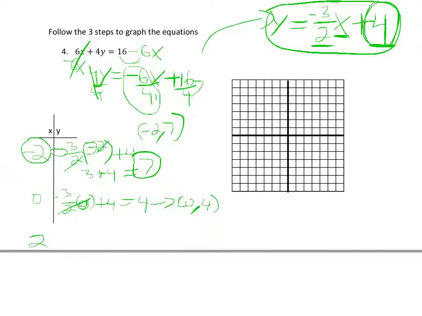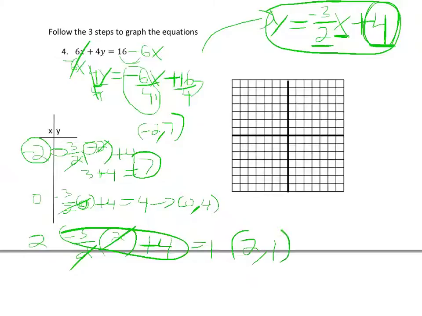Then I'm going to plug in 2. So when I plug in 2, it's negative 3 over 2, the x value is 2, and then don't forget to add the 4. These 2's cross cancel. Now this is just negative 3 plus 4, which gives us 1. So this ordered pair is 2, 1.